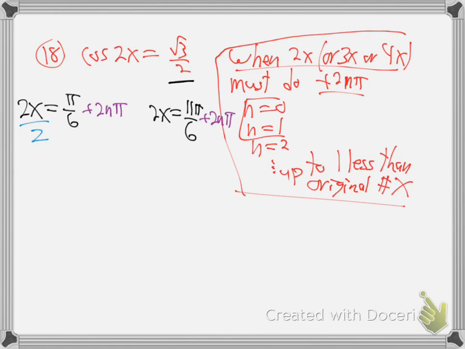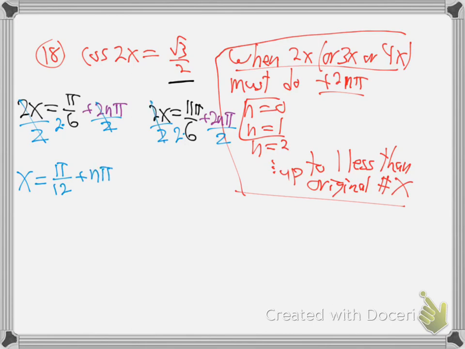Now how do we divide that right side by 2? You got to multiply that denominator by 2 and divide this by 2. Right. Same thing on the other side. Divide by 2, denominator times 2, and divide by 2. Cancels. So x equals pi over 12 plus, these cancel, n pi.